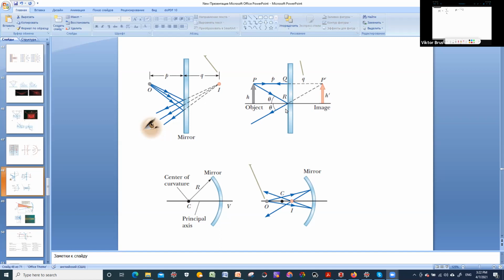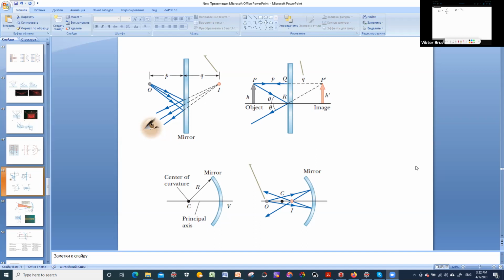So now let us proceed further with the more interesting examples and cases, which are images formed by spherical mirrors. These mirrors have the shape of a section of a sphere, and there are two possibilities.